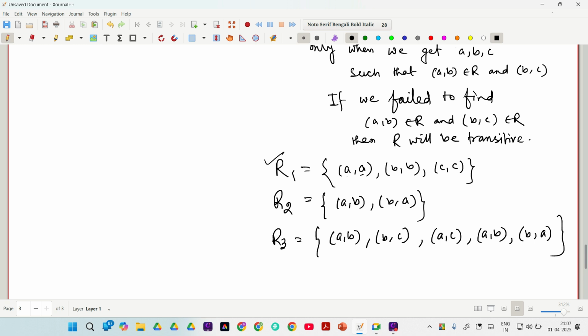No, because there is no C. So what? There is no C. Maybe I have told that A, B, C may be equal or unequal. They could be equal.